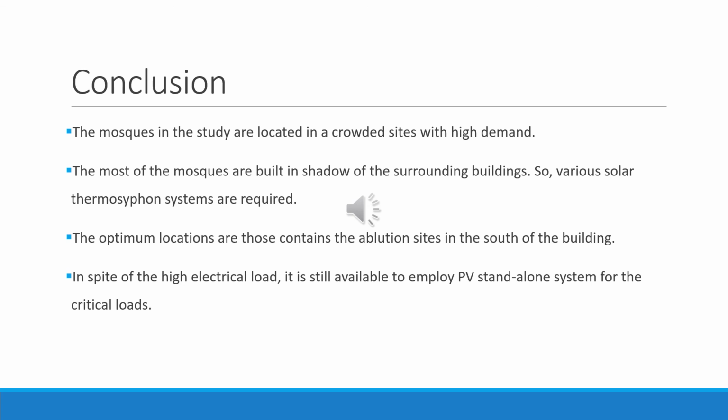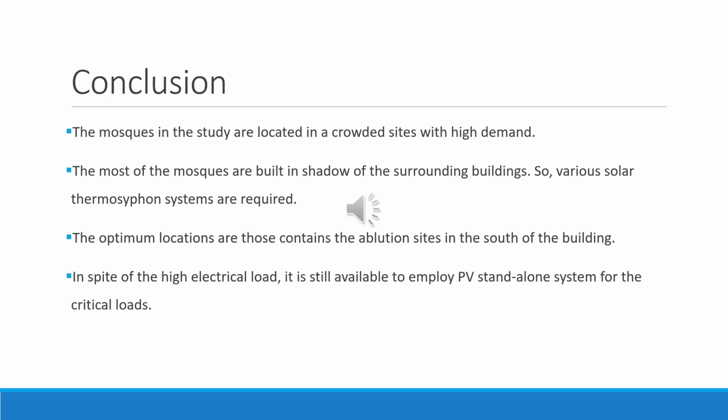So various solar thermosiphon systems are required, and sometimes it's better to use pumped systems instead of thermosiphon systems. And in some cases, no solar water heaters could be installed.